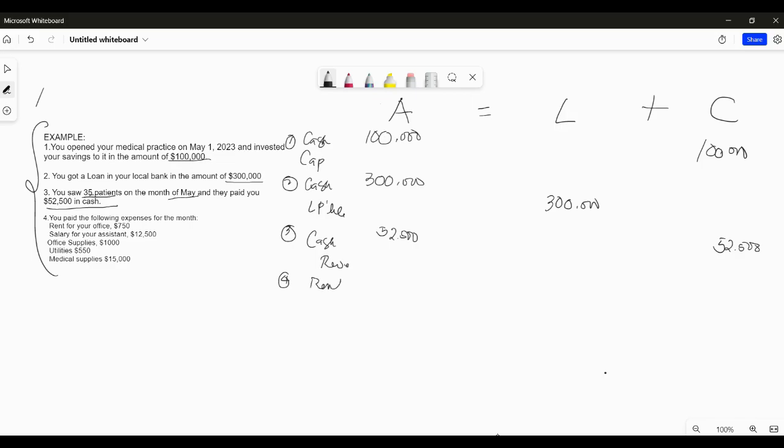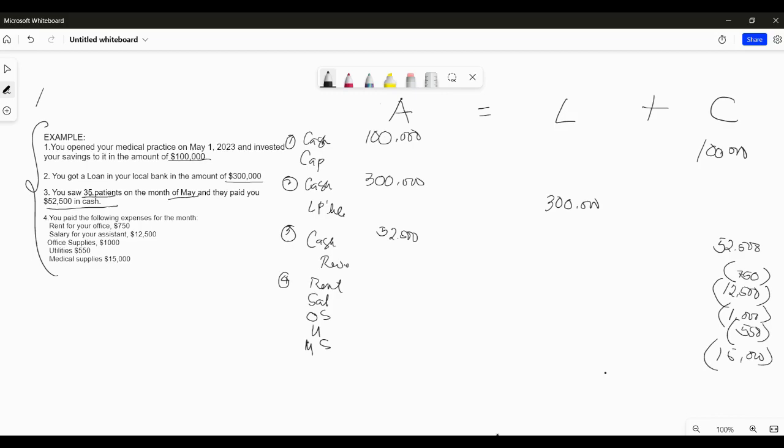And the fourth transaction is you pay the following expenses for the month of May. So we have rent of 750, salaries of 12,500, office supplies of 1,000, utilities of 550, and medical supplies of 15,000.